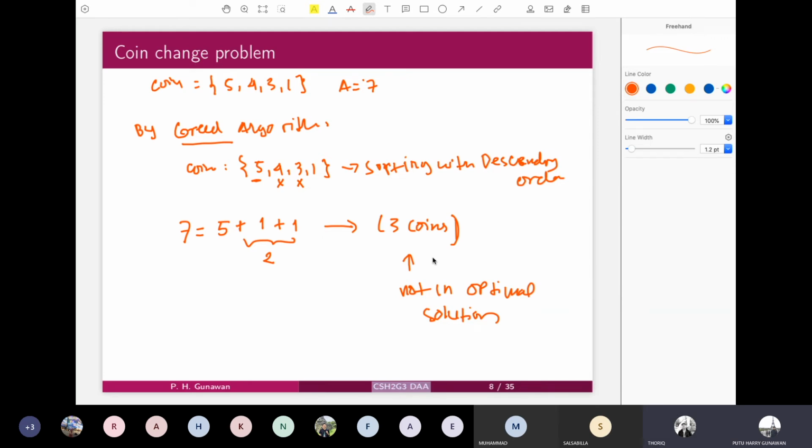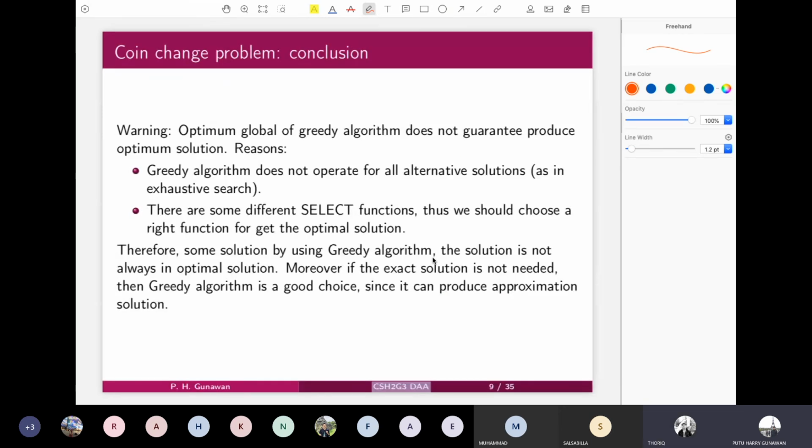Okay, so as I've already told you, the greedy algorithm does not guarantee an optimal global solution. The reason is that the greedy algorithm does not explore all alternative solutions, such as an exhaustive search or brute force.